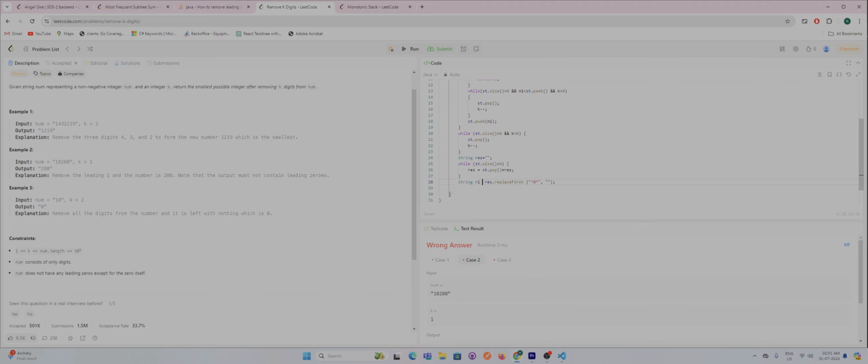String r1, r2, right, equals this. This is my result. Now if r2.length equals 0, at minimum I should return a 0, right? Else return r2, which is cool, right?